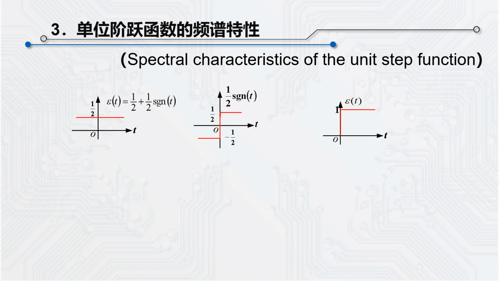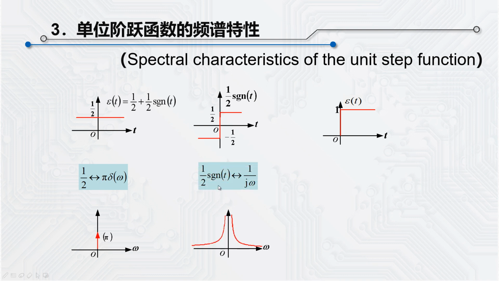Finally, let's look at the spectral characteristics of the unit step function. Obviously, unit step function is not absolutely integrable, so we need to make a transformation. Express u(t) as 1 over 2 plus 1 over 2 times sgn(t). Because we have obtained the spectrum of DC, 1 over 2 has the spectrum pi delta omega.